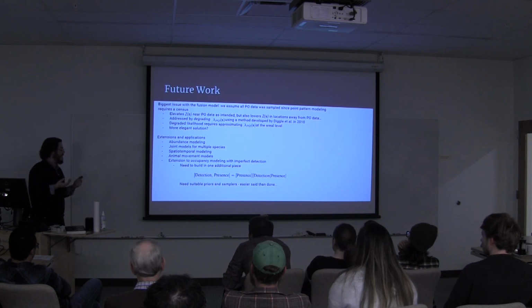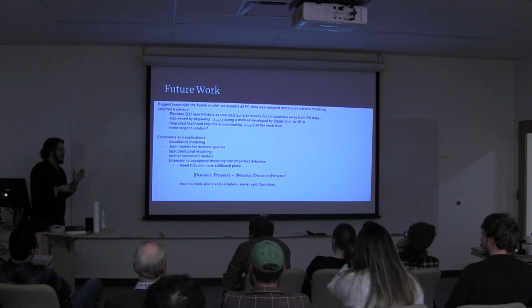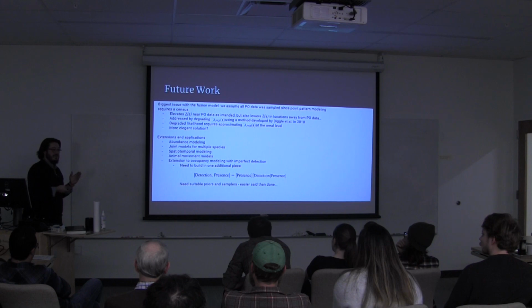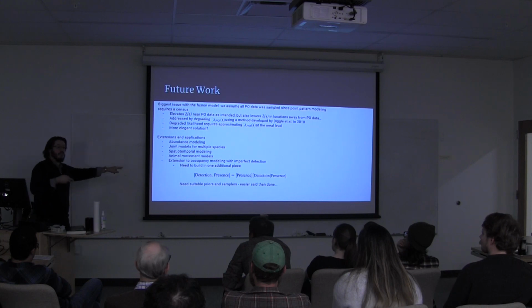That's an extra component to build in. Under the Bayesian paradigm, it'd probably be best because we have a lot of moving parts now, but we then need suitable priors and samplers, which isn't really straightforward. But this is an open area of research that they didn't mention in the paper, and it could be part of my PhD work, possibly.